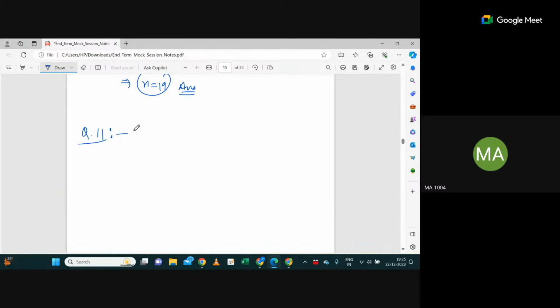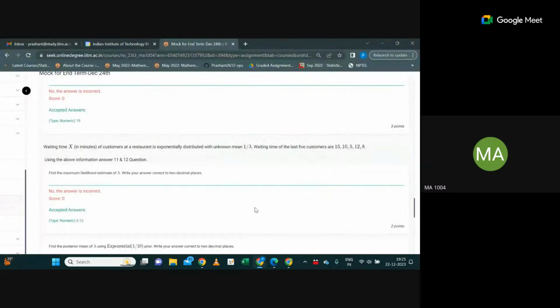Waiting time is defined as x, following exponential lambda, and we know if a random variable follows exponential with parameter lambda, its expected value is 1 by lambda, right?